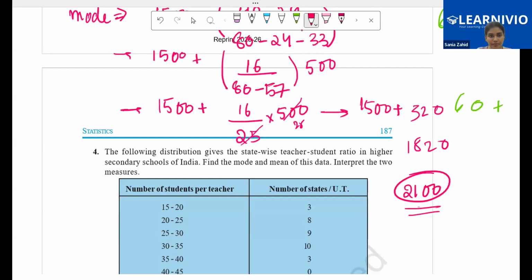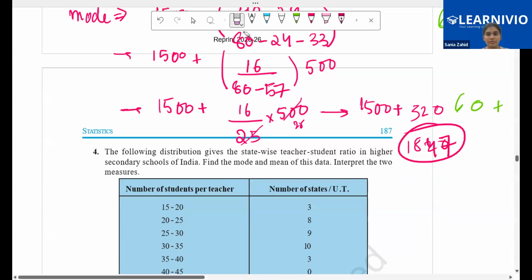Where are you making mistakes? 1,800 is the answer. No, the exact answer is 1,847. This is the exact answer. Do you get this answer? No, I got 1,800.